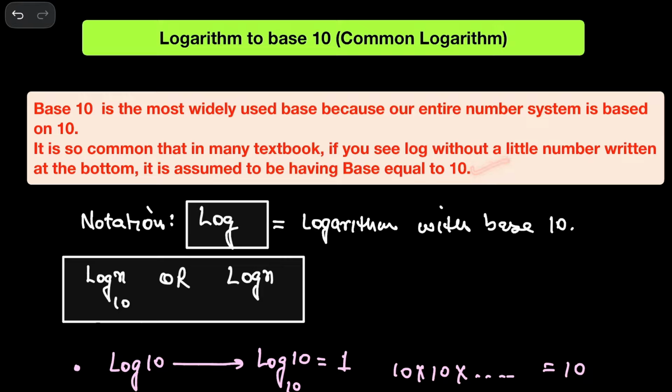So the notation for log written like this is logarithm with base 10. You can see that nothing is written over here. When nothing is written over here, it means it is representing 10. So log x with base 10 can be written in short as log x.